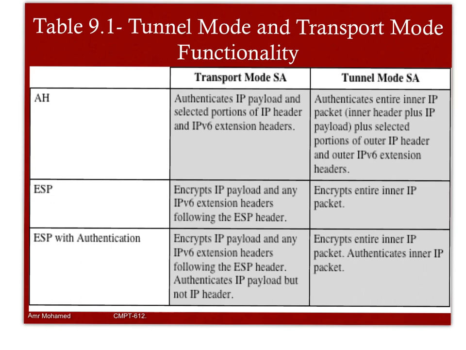So AH, as we said, authenticates the IP payload and selected portions of the IP header. And in the case of IPv6, it authenticates the IP header extensions. If you go back to network 1, we'll see that there is a field inside the IPv6 header called next header.